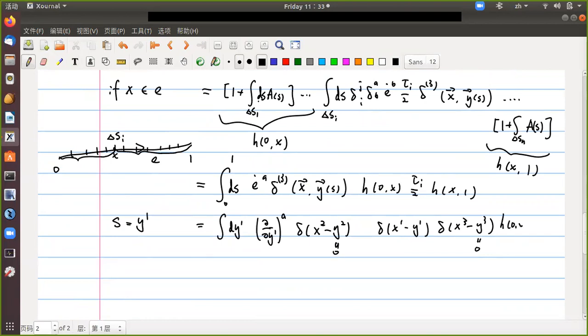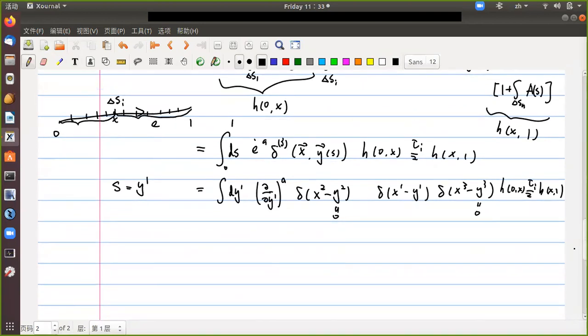And the rest is h_0x tau half. Now we can integrate out dy1, because we have a delta function x1 minus y1.